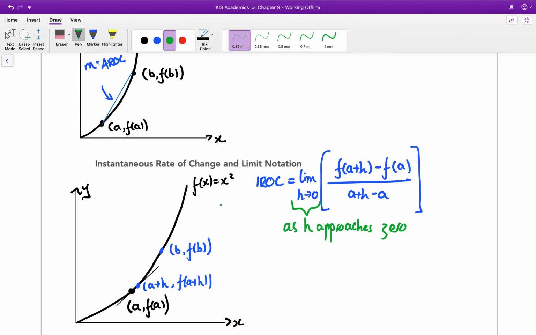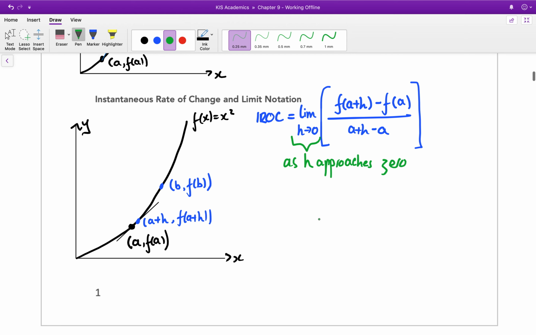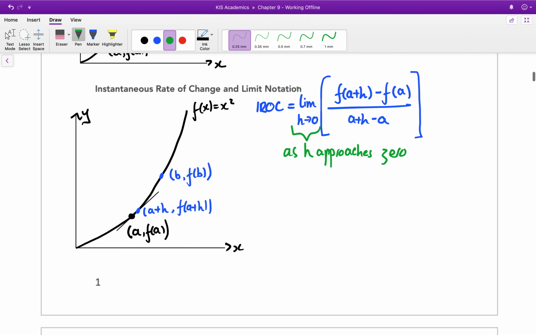So let's use our function f of x equals x squared as an example for finding the instantaneous rate of change at point A. If f of x equals x squared, then the instantaneous rate of change at x equals a is equal to this entire function over here.